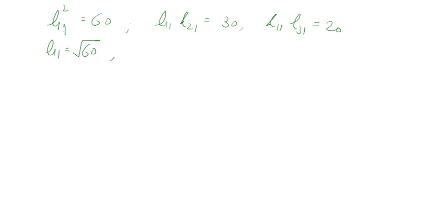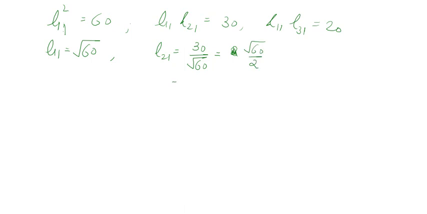Similarly, L11 is the square root of 60, so L21 is equal to 30 by root 60. You can simplify it: multiply and divide by root 60, so 30 root 60 by 60, which is root 60 by 2.